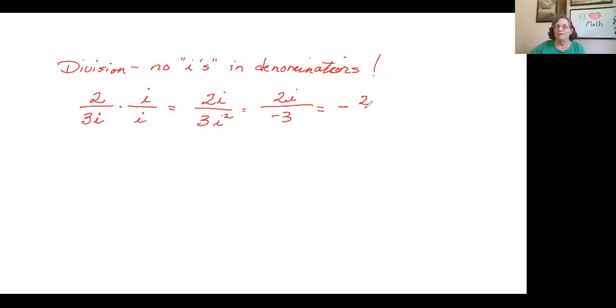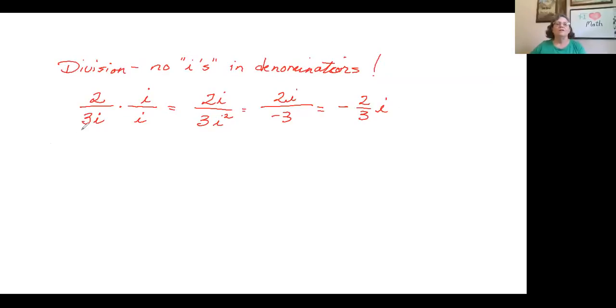And we can write that as a negative 2/3 i. As long as the i is in the top, you can slide it off to the side, but you cannot do that when it's in the bottom. As you will see, this didn't come out as 2/3 times i.